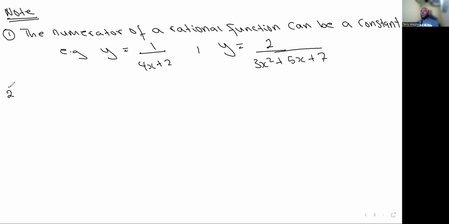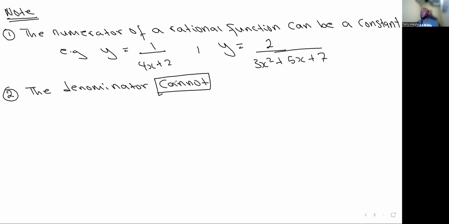Now, but also what you need to know is that in a rational function, the denominator of a rational function can never be a constant, all right? So the denominator can never, cannot, all right? So the key word is that the denominator cannot. Or let's put it this way.